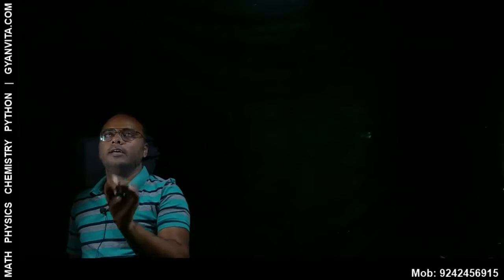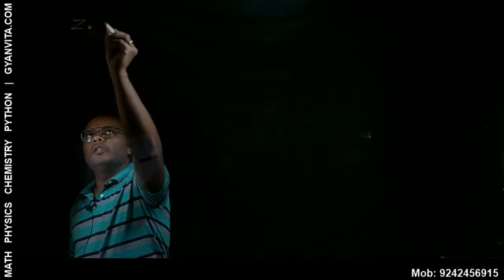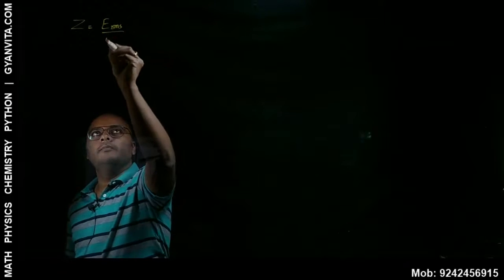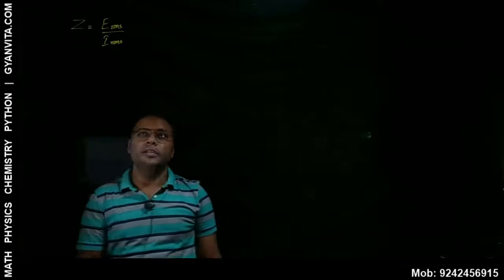Before moving to the next question, a few things which we have already seen: Z is always equal to E RMS divided by I RMS, or E naught divided by I naught, because E RMS and I RMS are nothing but E naught by root 2. Anyway, that root 2 will get cancelled.